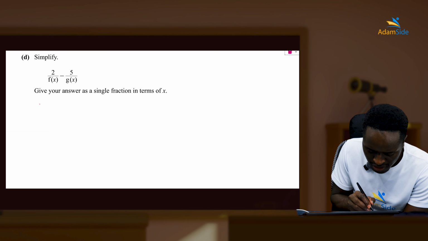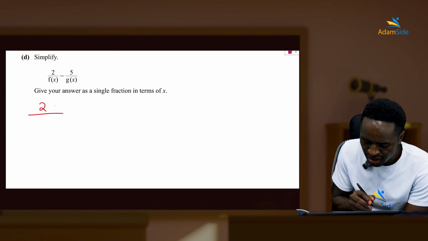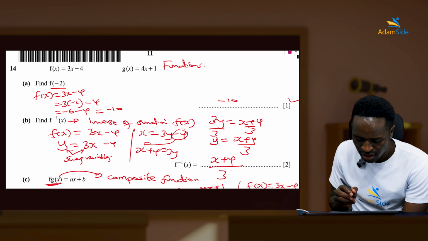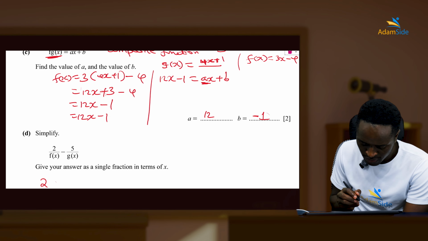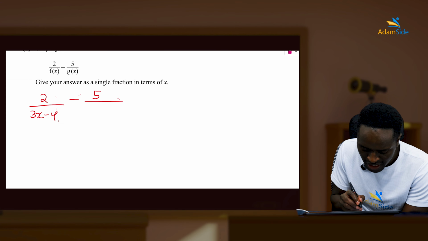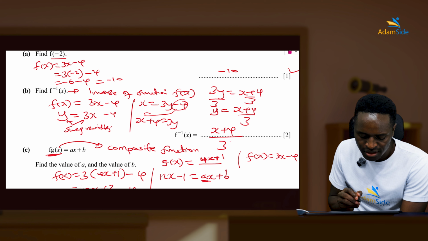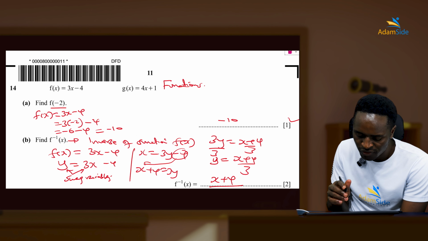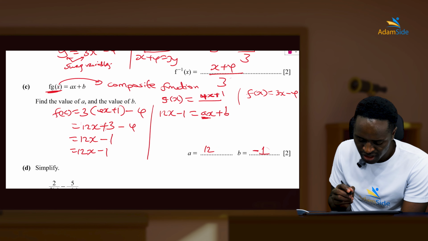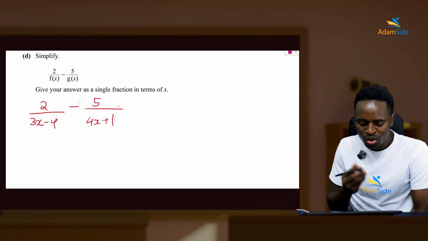So what you do, you just say 2 over the function f of x, which we know f of x is 3x minus 4. So 3x minus 4, and then minus 5 divided by, what's g of x? g of x is 4x plus 1. Correct.